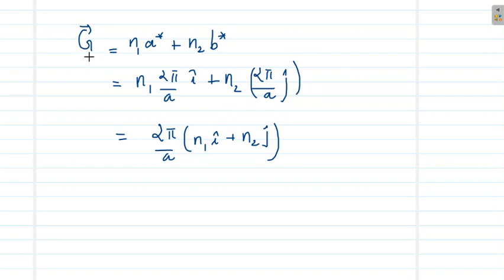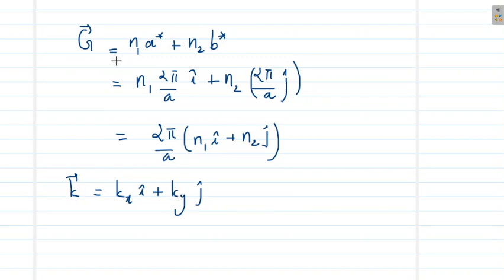Now the wave vector k bar of the electrons can be simply defined as k bar equal to kx i cap plus ky j cap, where kx and ky are the x component and y component of the wave vector of the electron.